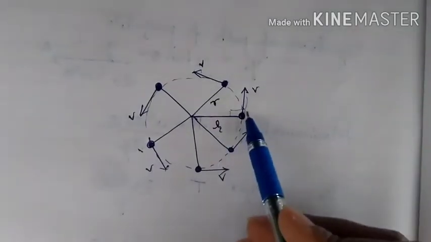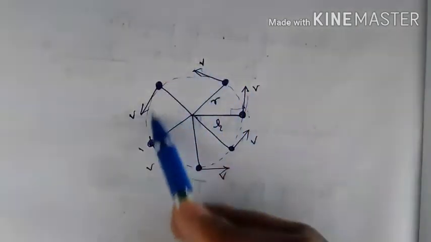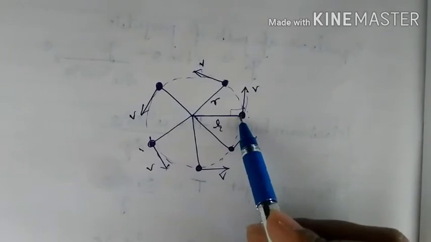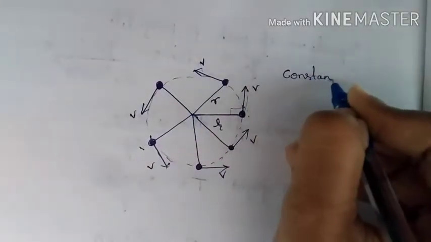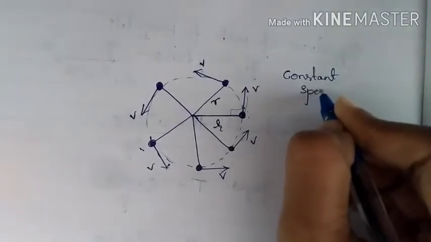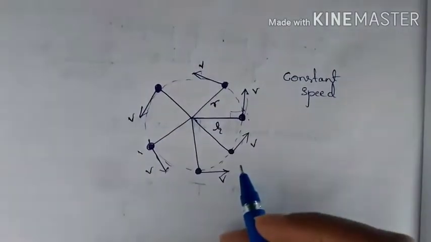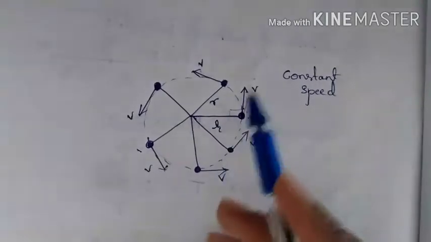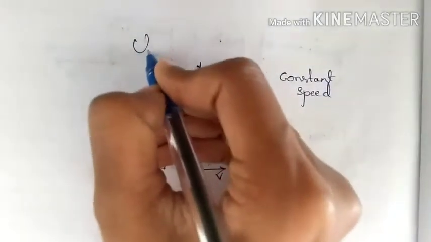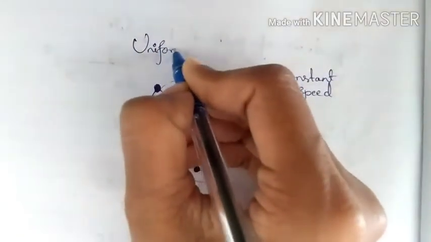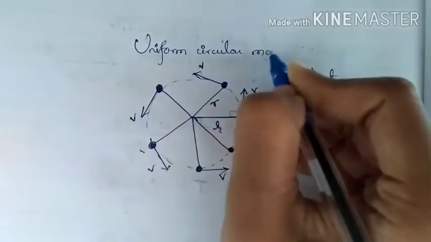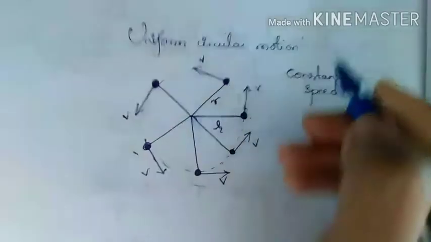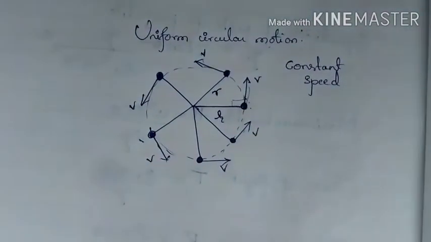When an object follows a circular path at a constant speed, then that kind of motion of the object is called uniform circular motion. So what is uniform circular motion?